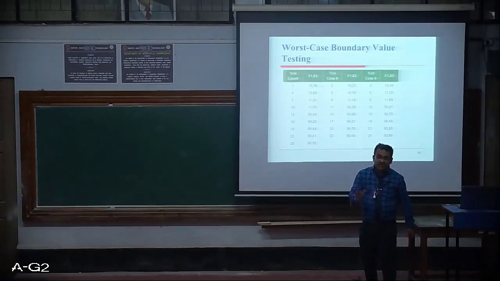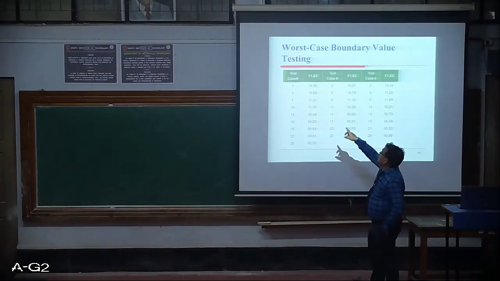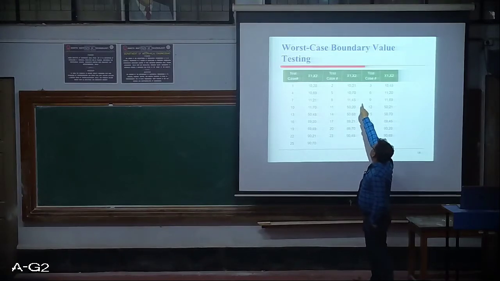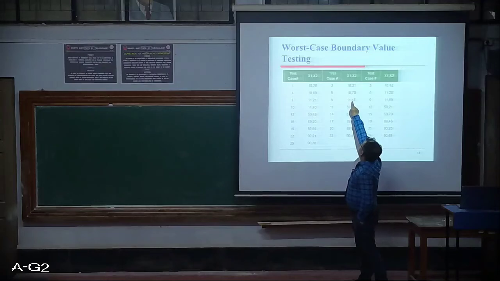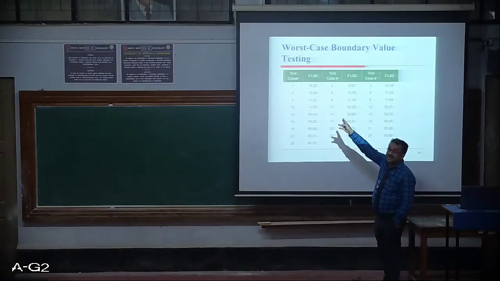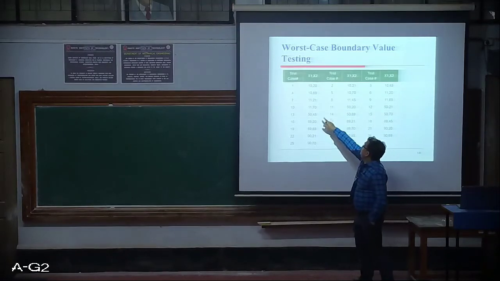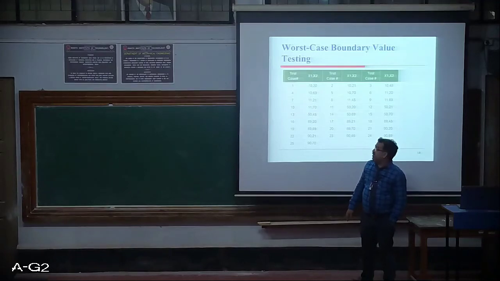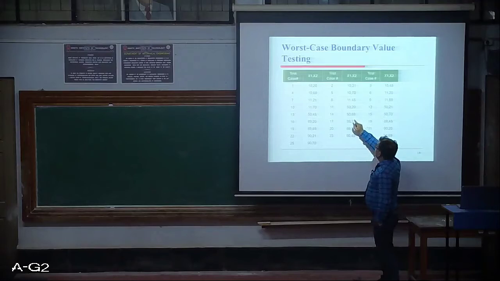In the example of x1 and x2, 10 maps to 20 for the first test case, 10 to 21 for the second, 10 to 45 for the third, 10 to 69 for the fourth, and 10 to 70 for the fifth. Then it goes to the second value of the first set, 11 to 20, 11 to 21, 11 to 45, 11 to 69, 11 to 70. Then it goes to the third value, the nominal value of the first set, 50: 50 to 20, 50 to 21, 50 to 45.